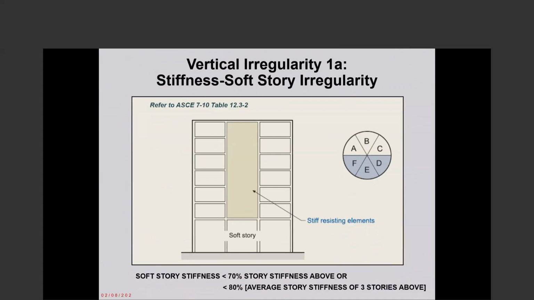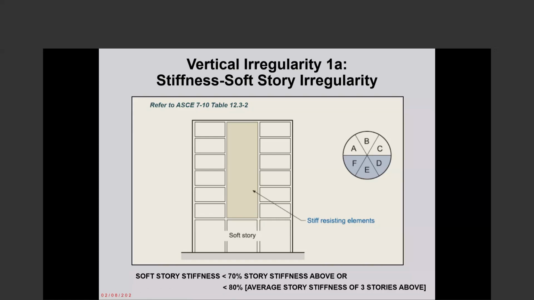Okay. So the definition of soft story irregularity is soft story stiffness smaller than 70% of the story stiffness above, or 80% of average story stiffness of 3 stories above. Now, the soft story does not have to be at the bottom, as shown in the picture.